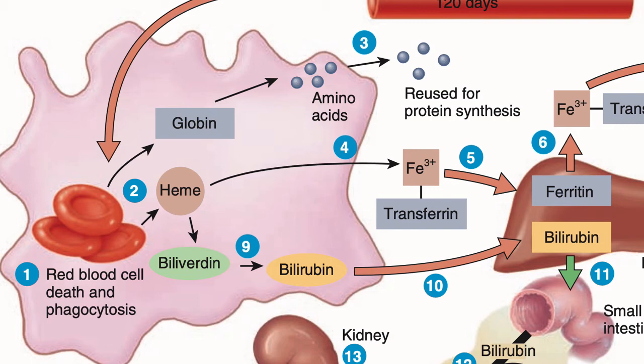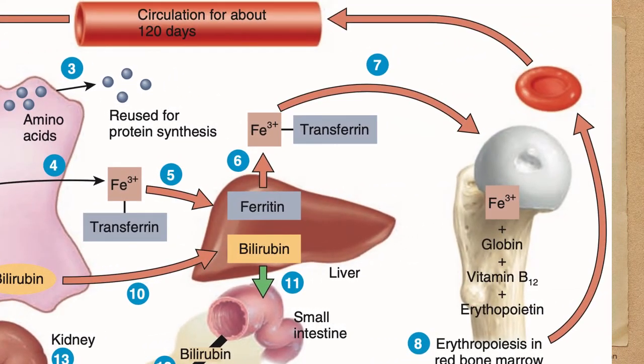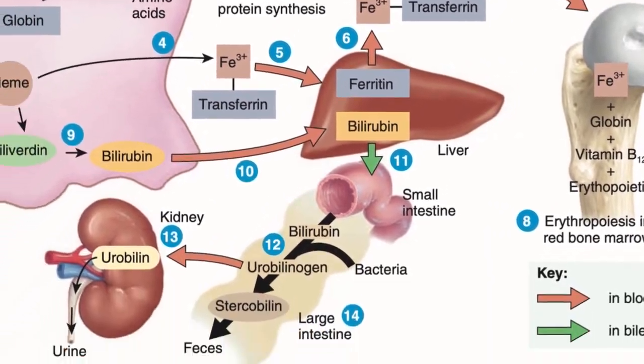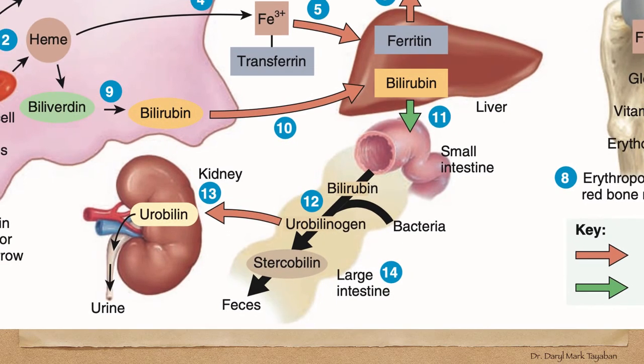But let's discuss the other component. I hope everything is clear. We're done now. So now let's focus on number 9. The heme component separates into iron and biliverdin.